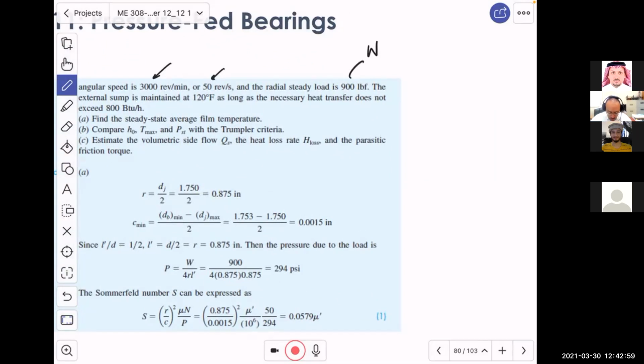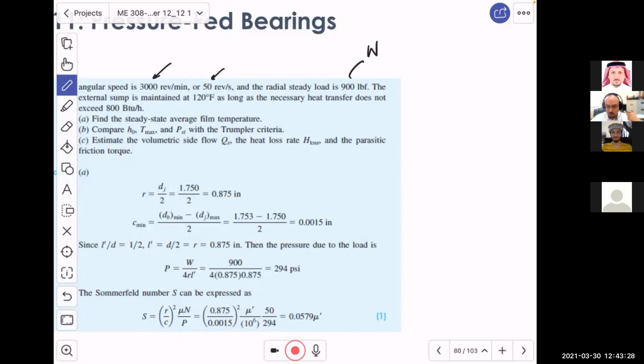Okay, the external sump is maintained at 120 degrees Fahrenheit, as long as the necessary heat transfer does not exceed 800 BTU per hour. We want to find the steady state average film temperature. We want to find h0, T_max, and the other quantities, and then compare them with Trumpler criteria.